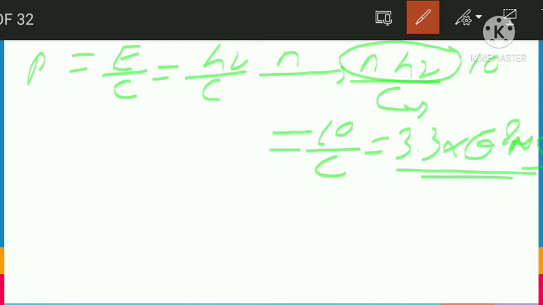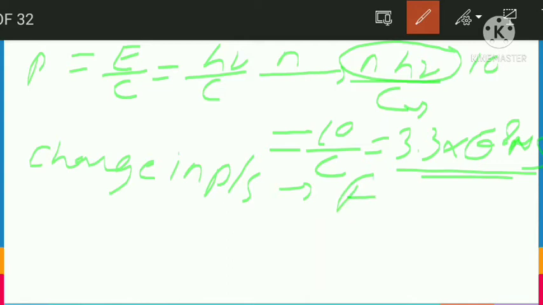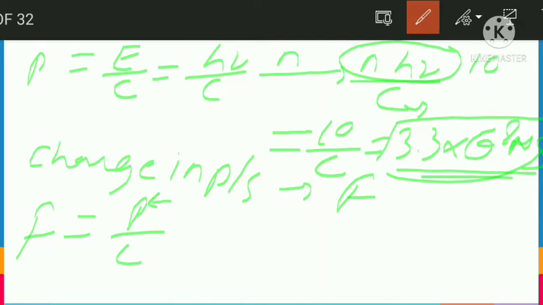So I think you know that change in momentum per second is actually the force. So yes friends, this is also our answer. From this we can get a shortcut formula for force, which is F equals power upon c. Whenever we are given the power and we know the speed of light, we can easily find the force as P by c.